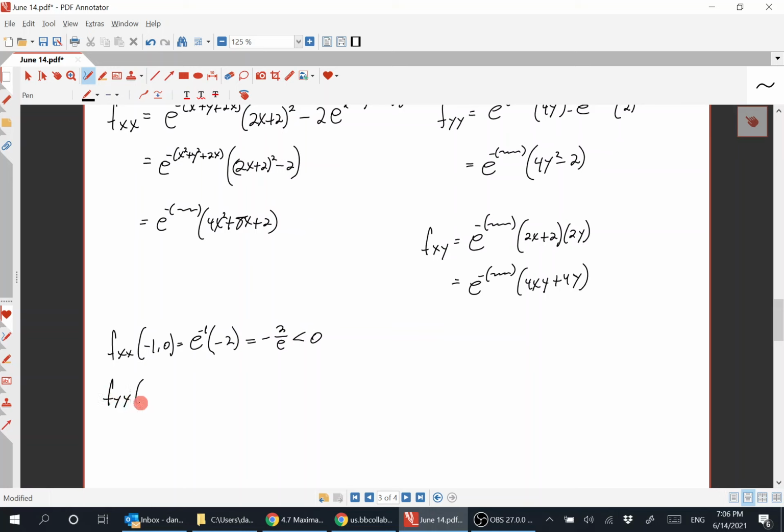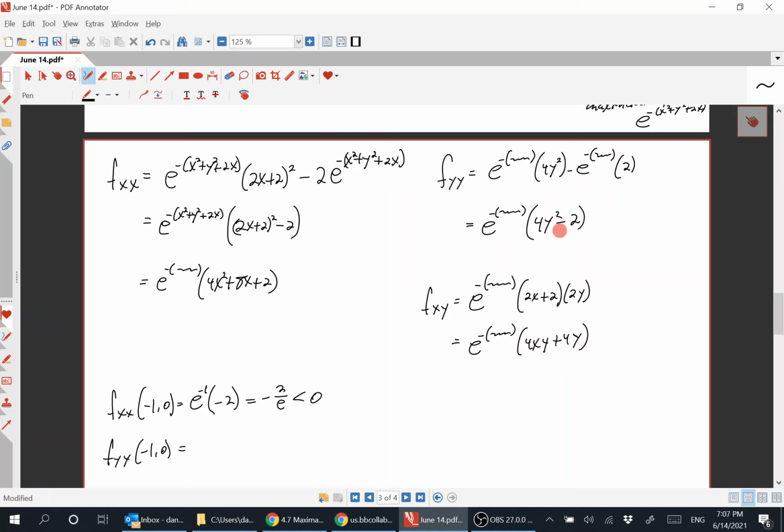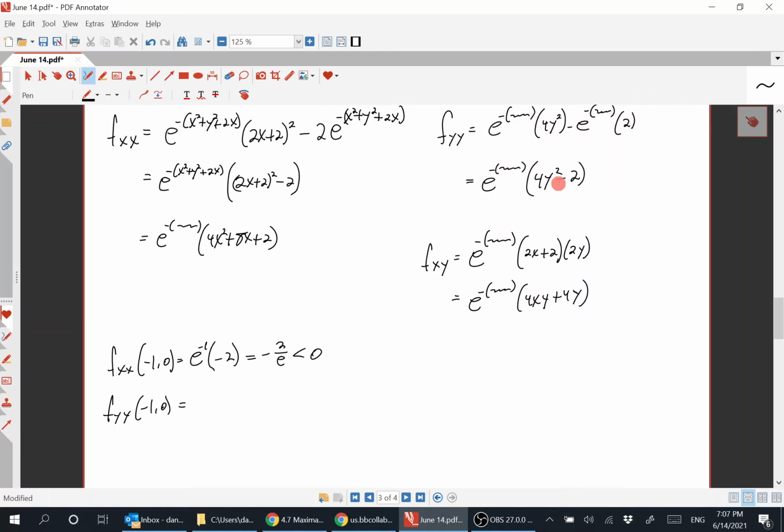fyy at minus 1, 0. Right, so already this is a negative quantity. We know it's going to be a relative max, geometrically. We're just confirming that with the calculations here. The fyy at minus 1, 0. So this is e to the minus 1 again, and then this is going to be negative 2.